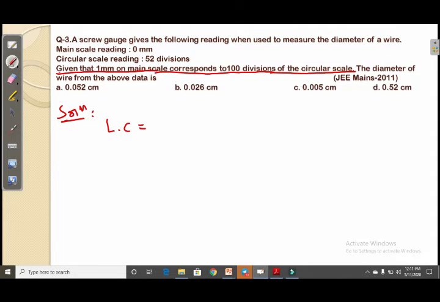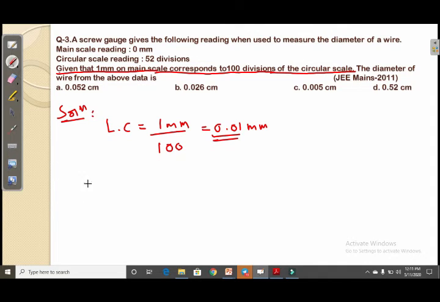So that is 1 millimeter of the screw gauge divided by the total number of divisions on the circular scale, that is 100. So that becomes 0.01 millimeter. So this is a direct calculation, and this is the least count.